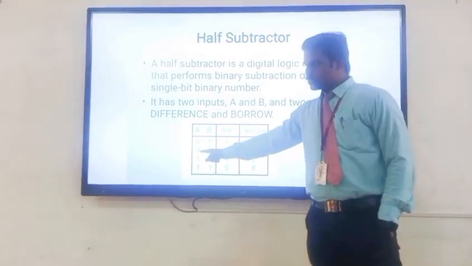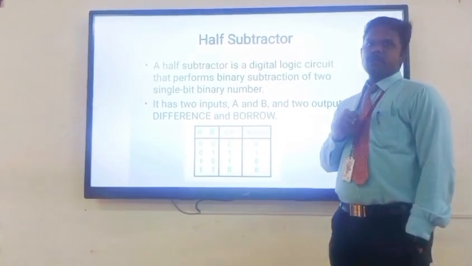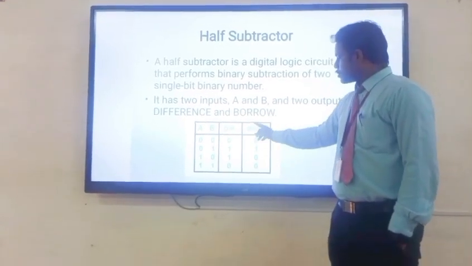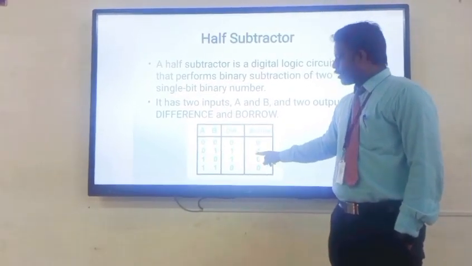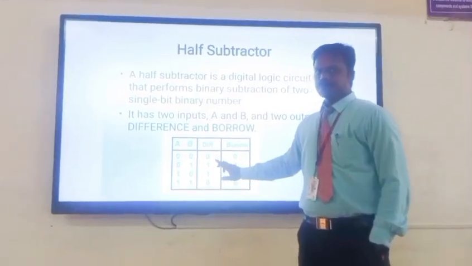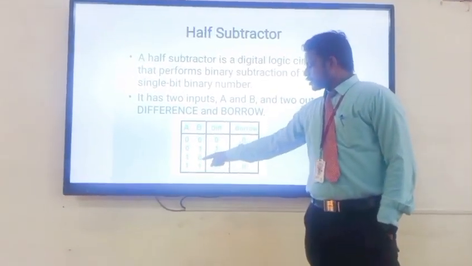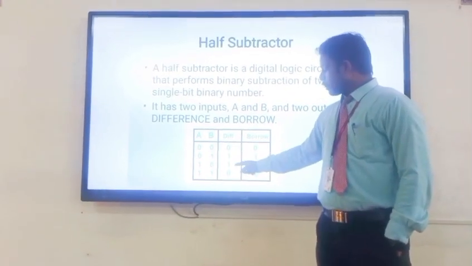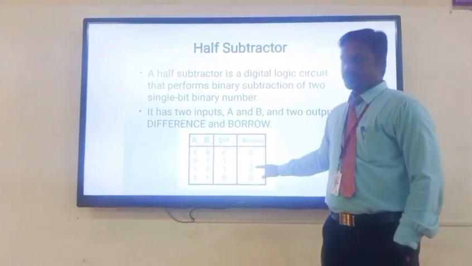The next combination is 0 and 1. 0 minus 1 is not possible, so we have to take 1 borrow, so automatically the borrow will be 1. Here it is 10, and 10 minus 1 results in 1.